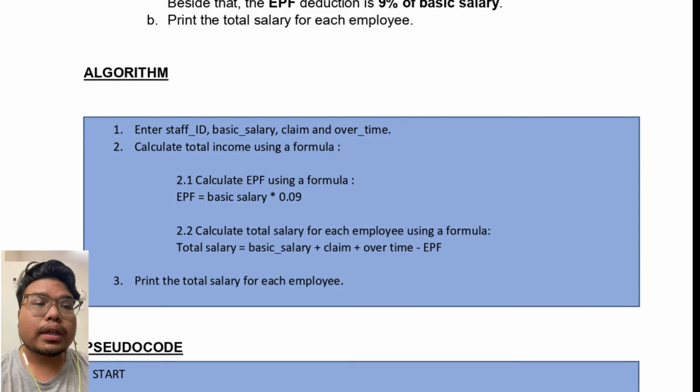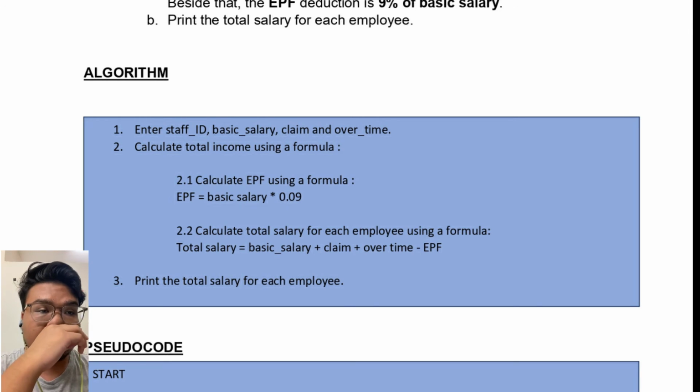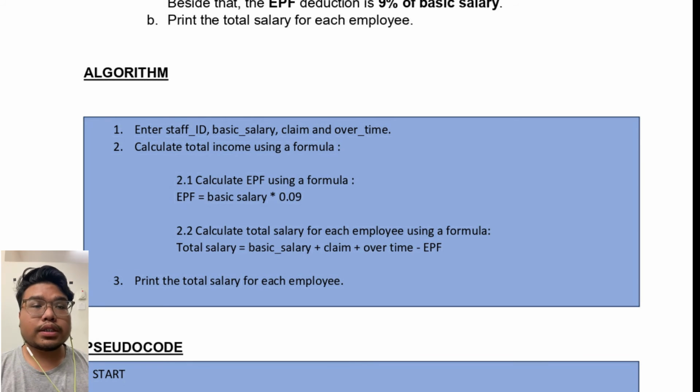So here we have the algorithm. First, we have to enter staff ID, basic salary, claim and overtime. Calculate total income using a formula. Calculate EPF using the formula: EPF is basic salary times 0.09. 0.09 is the percent of the deduction of EPF.